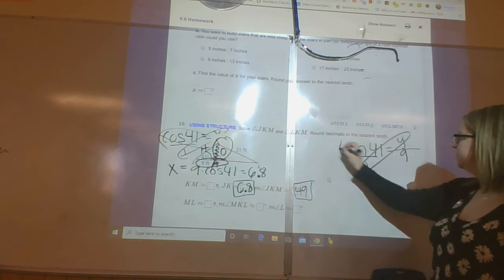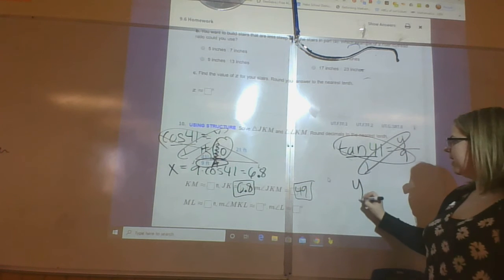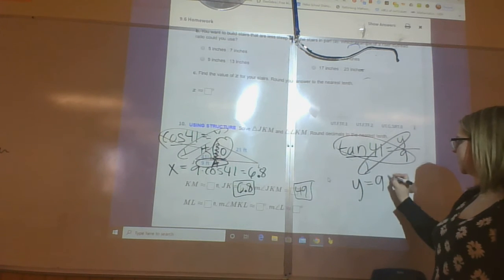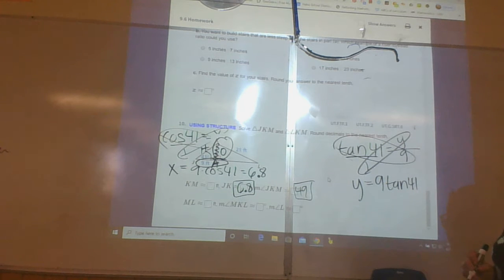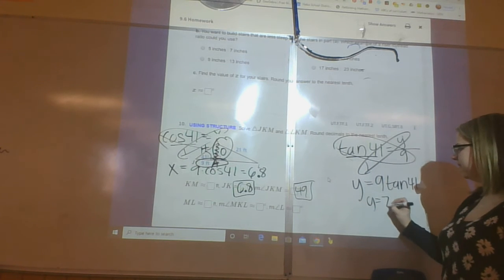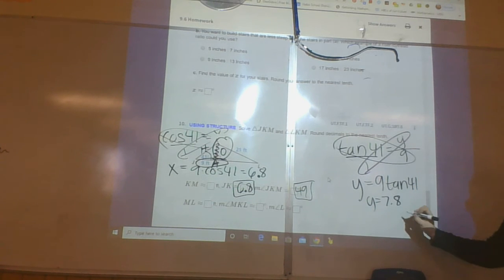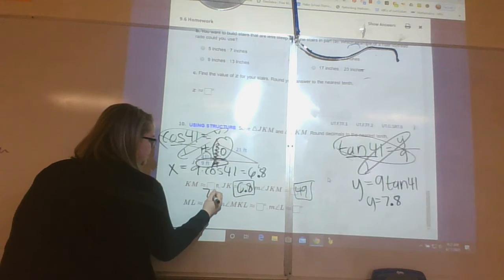I cross multiply. So here I got y times 1, which is y, equals 9 times tangent of 41. So I put that in my calculator, 9 times tangent of 41. I get 7.8. So y equals 7.8. That was side KM. So 7.8 is KM.